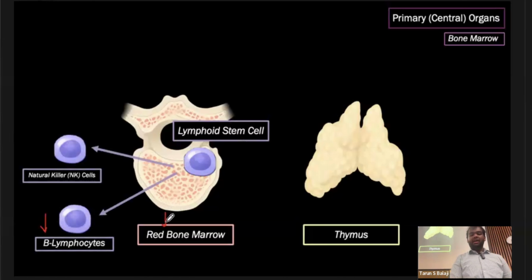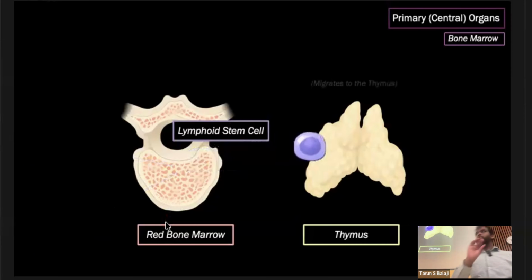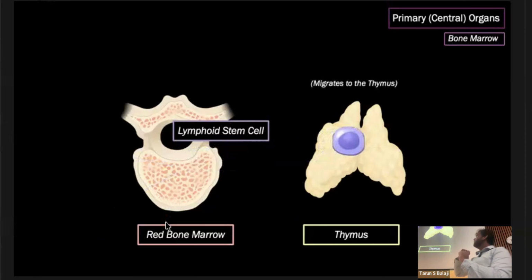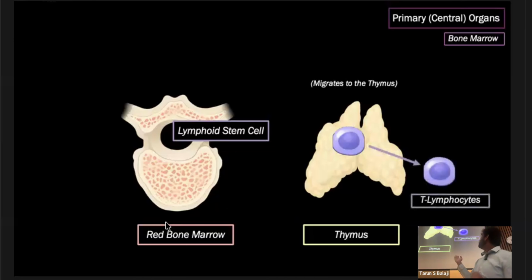The other possibility is for your lymphoid cells to migrate to the thymus. Don't worry, we'll discuss these pretty soon. Within your thymus, they can mature into T lymphocytes.